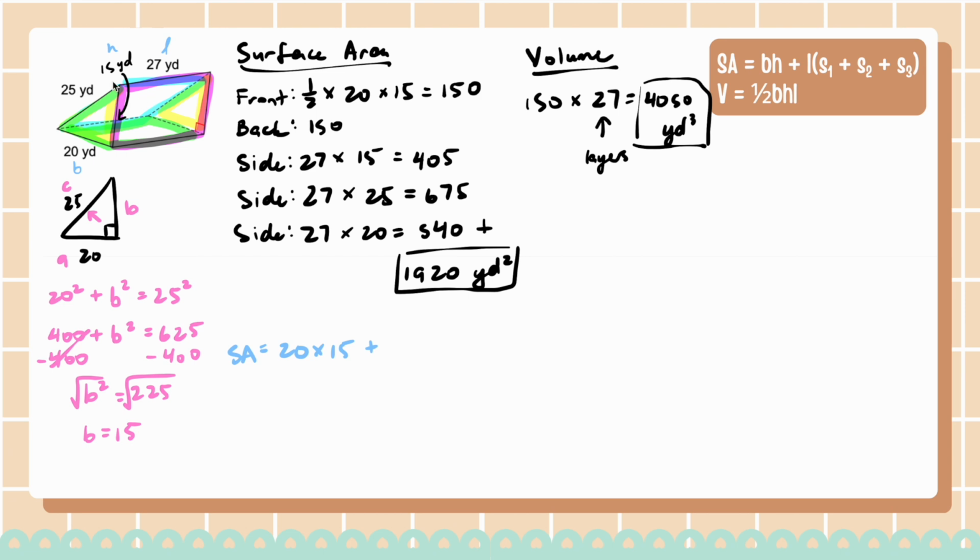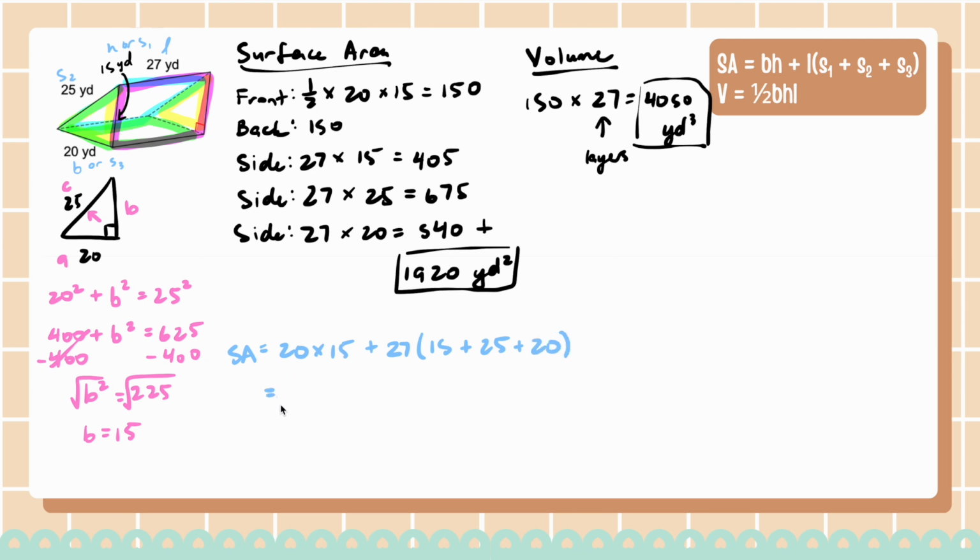And then these are each of my sides of the triangle. So here I have side 1. Here is my side 2. And then here is my side 3. Plugging that into here, I get L, which is 27, times S1 is 15, plus S2 is 25, plus S3 is 20. Now let's simplify this.